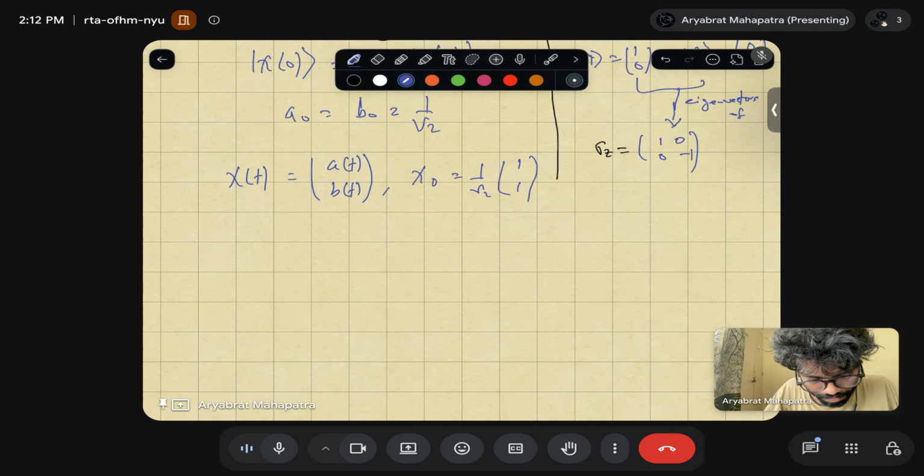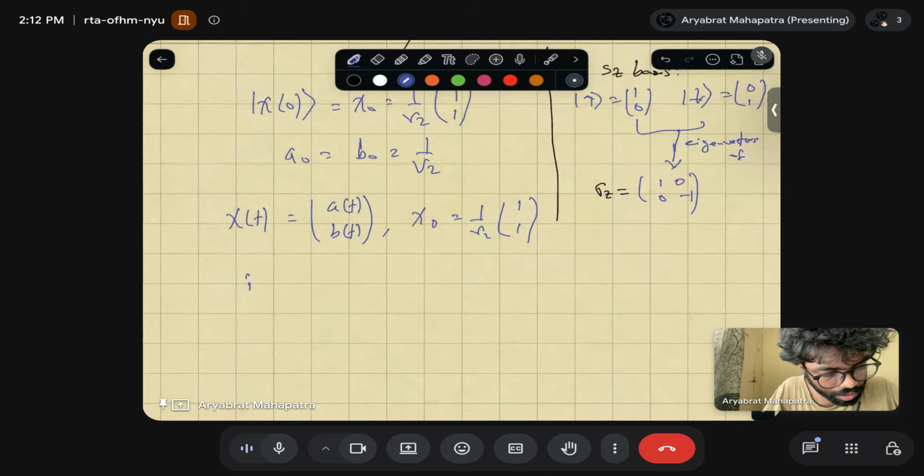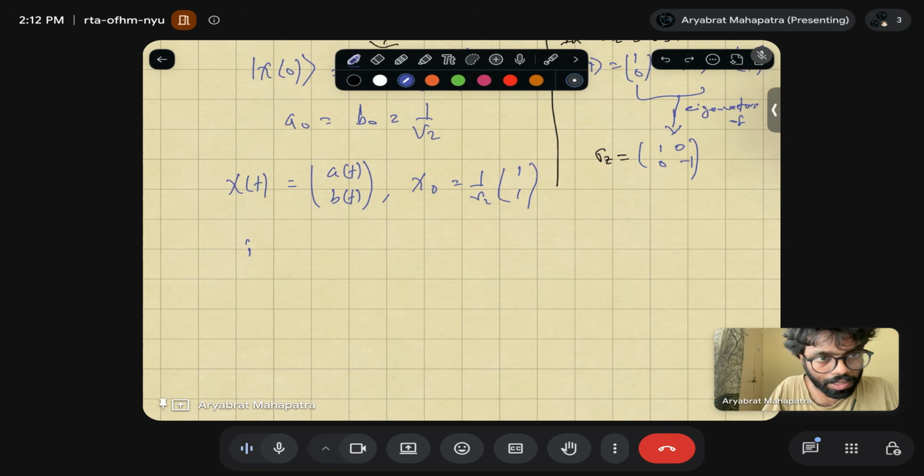From the Schrodinger equation, we have to find chi of t, which means we have to find a of t and b of t. So we have to solve the differential equation, because from the Schrodinger equation we'll get the derivatives of a and b.